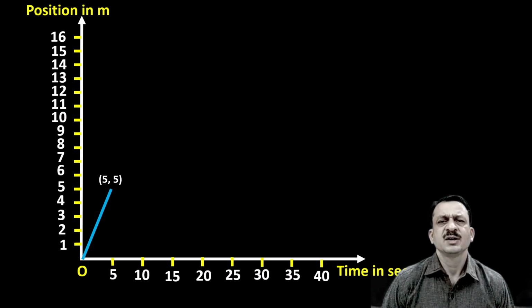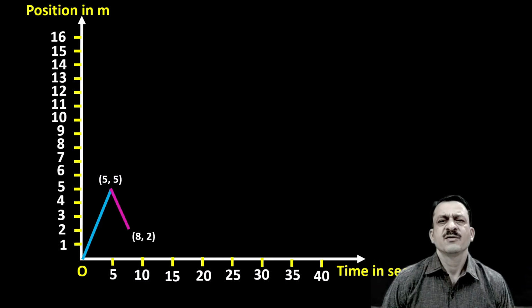In the next moment he puts 3 steps backward. For the motion of these 3 steps he is taking 3 seconds. So now that pink color line is showing 3 steps backward, and the position coordinates for this one are, time is 5 plus 3, it is 8 seconds.